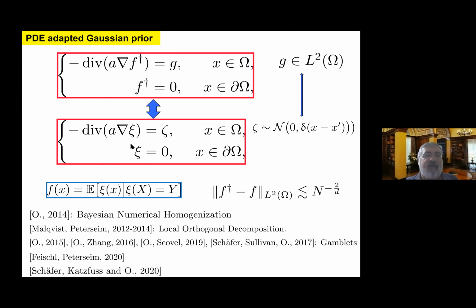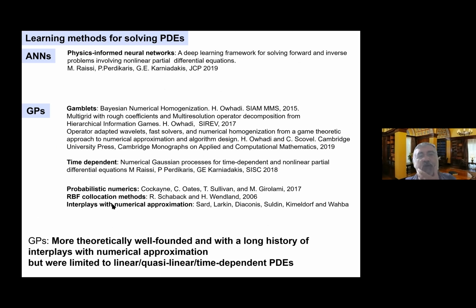Now, this Gaussian process regression interpretation of numerical approximation is not just an object of curiosity. It can be used to discover state-of-the-art solvers, which I will not cover here. And it can be generalized to arbitrary nonlinear PDEs, which is something that I will cover now.